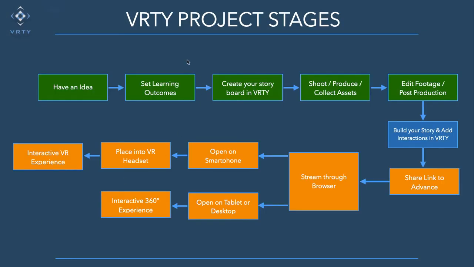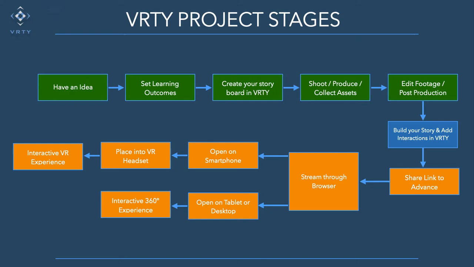This gives you an overview of building a VRTY project and the stages you would go through. Following the same color code from the previous slide, you'll see that in this top section, which is green, you're starting the VRTY project from scratch.